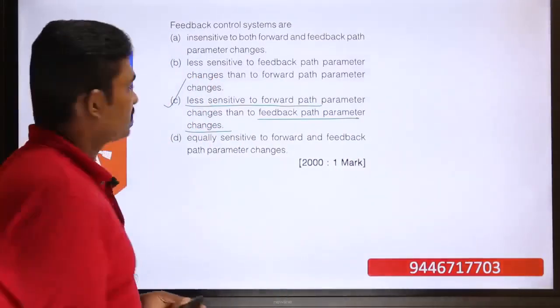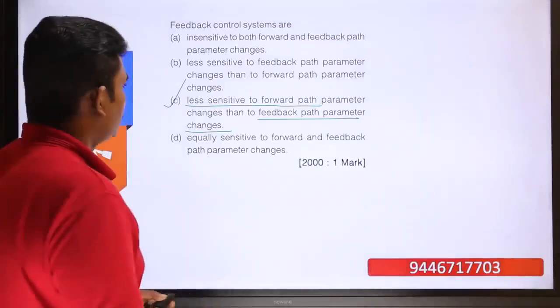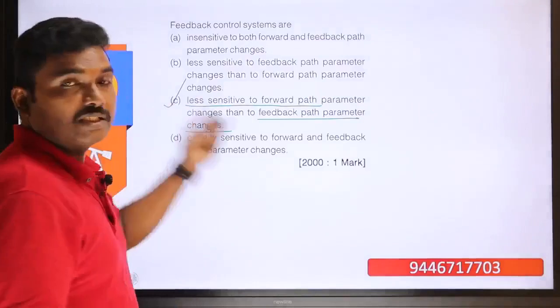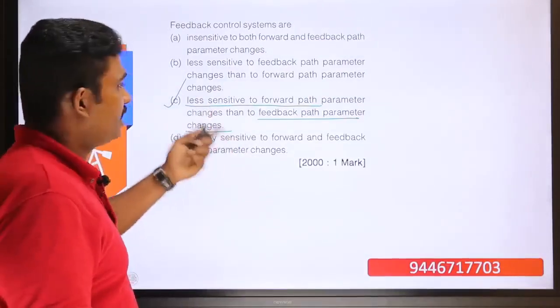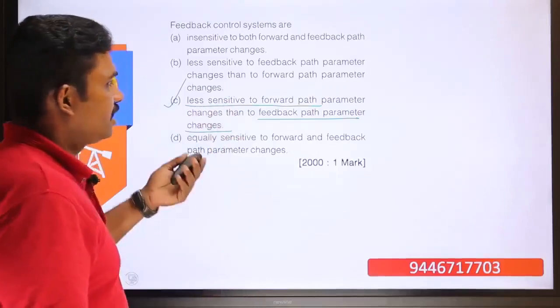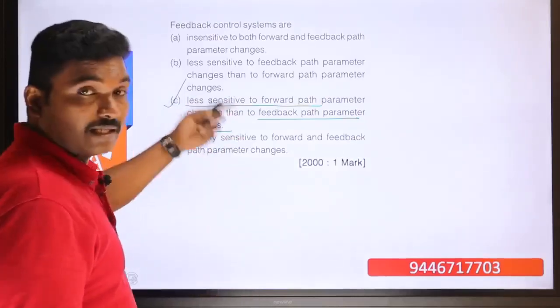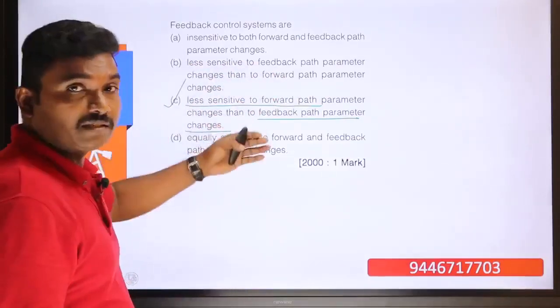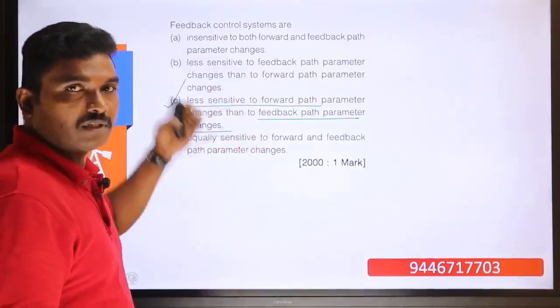Our answer for question number 2 is option C, because the system is less sensitive to forward path parameter changes, and it is highly sensitive to feedback path parameter changes.